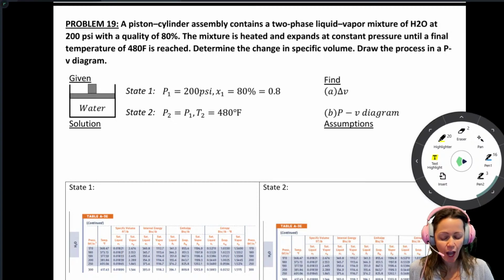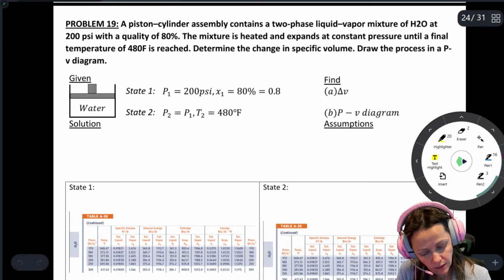All right, problem 19, that's where we got last time. We've got a 2-phase liquid-vapor mixture of water at 200 psi with a quality of 80%. The mixture is heated and expands at constant pressure until a final temperature of 480 degrees is reached. Determine the change in specific volume and draw the process on a P-v diagram.